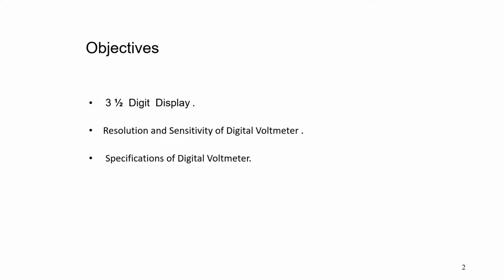Also, the digital instruments display the measured quantity in discrete numerals, thereby eliminating the parallax error and reducing the human errors associated with analog pointer instruments.